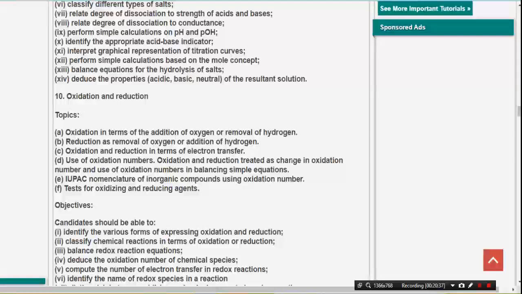Oxidation and reduction in terms of electron transfer. Use of oxidation number. Oxidation and reduction treated as change in oxidation number and use of oxidation number in balancing simple equation. IUPAC nomenclature of inorganic compounds using oxidation number. Test for oxidizing and reducing agent.